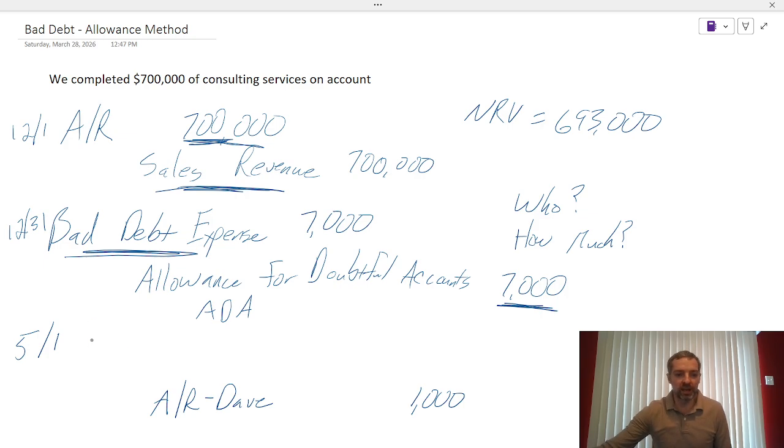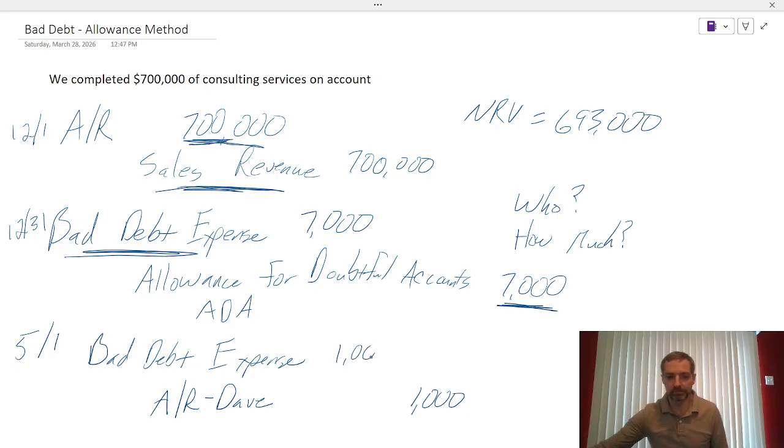Most students are tempted to put bad debt expense as the debit. Well, that's a mistake because we already included this $1,000 in the $7,000. So at December, we didn't know who, but we made a good guess as to how much.